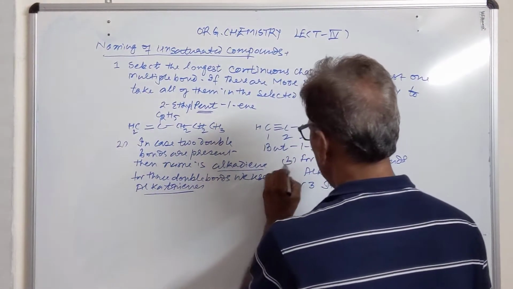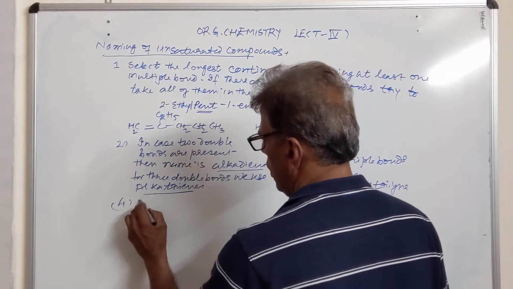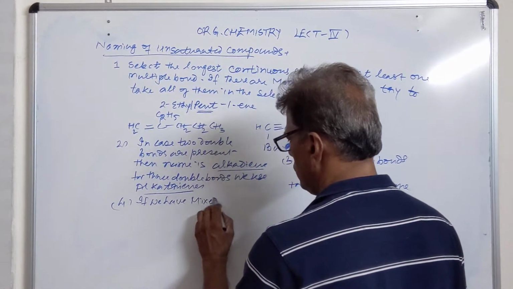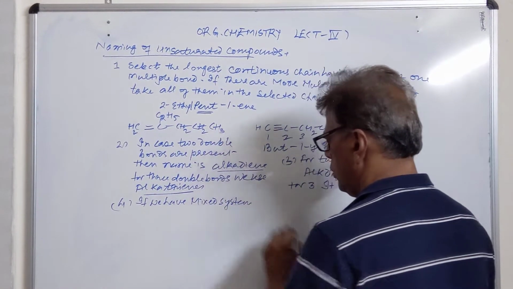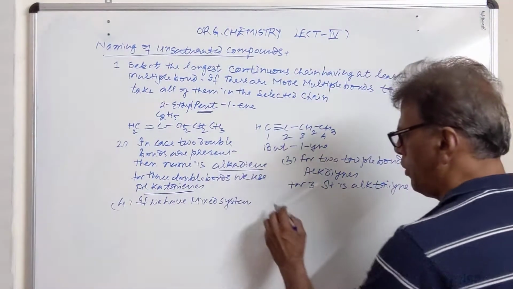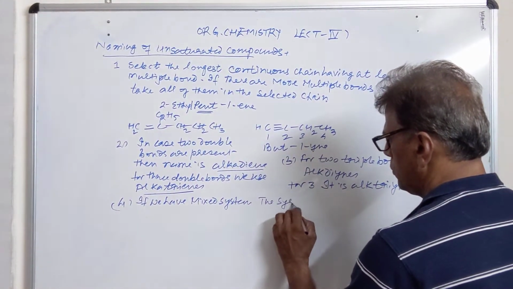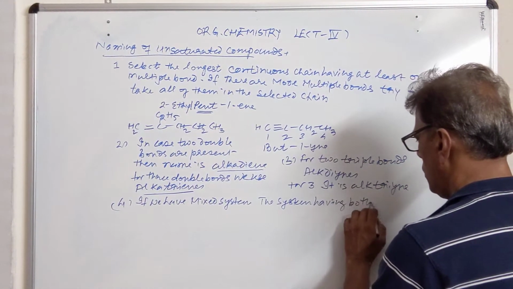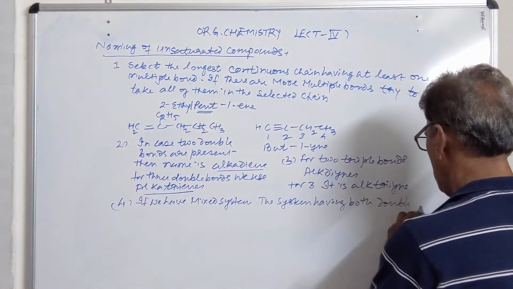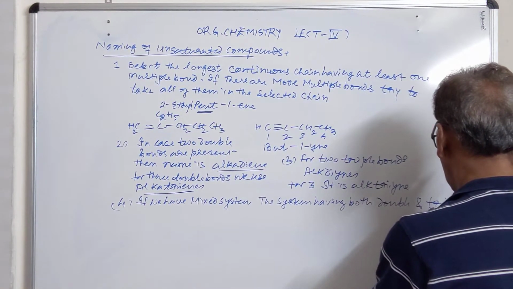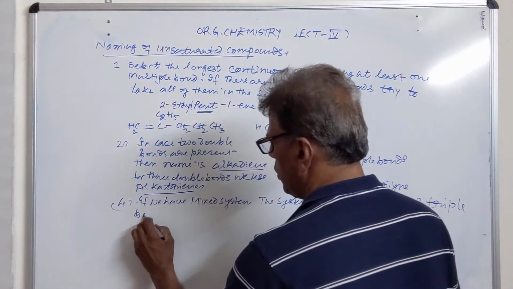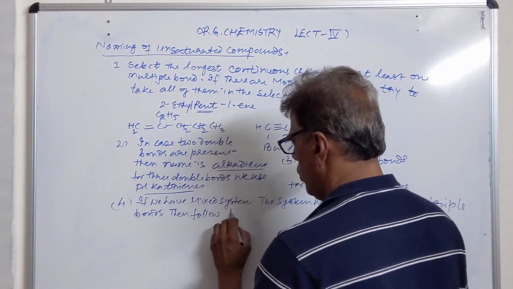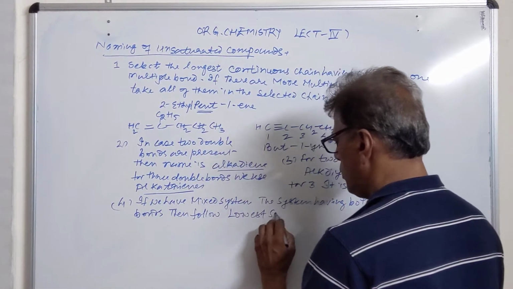Then we have the 4th rule. If we have a mixed system, the system having both double and triple bonds, then follow the lowest sum rule.